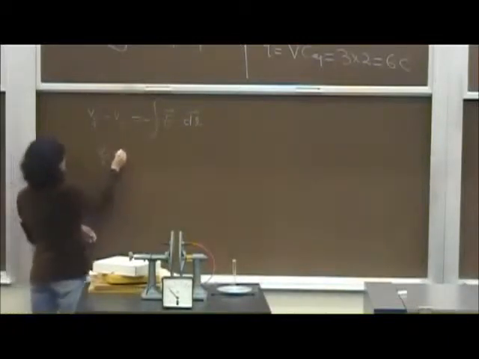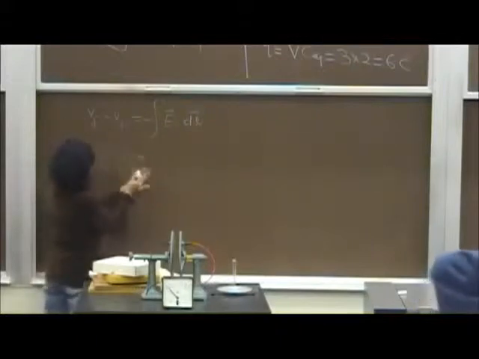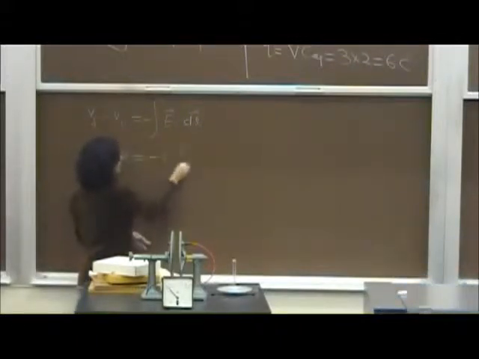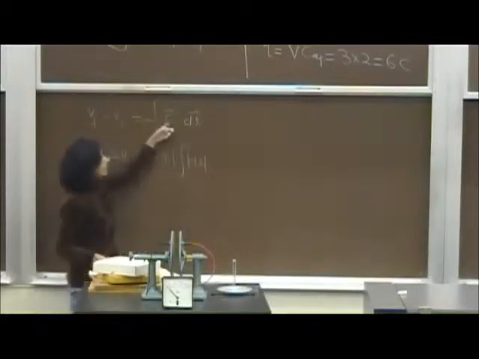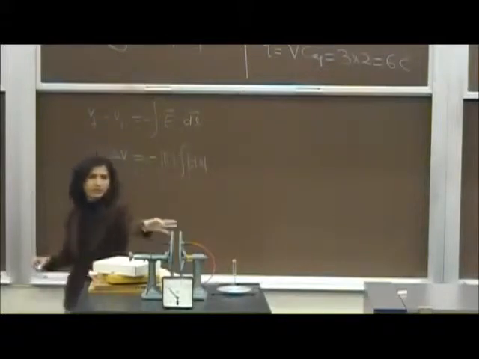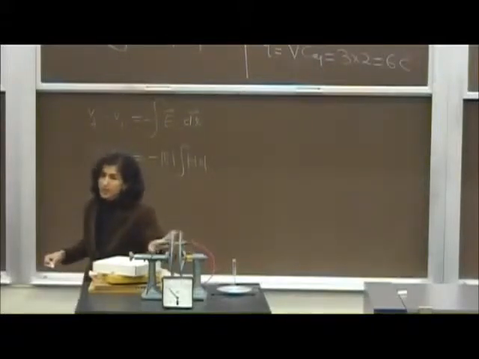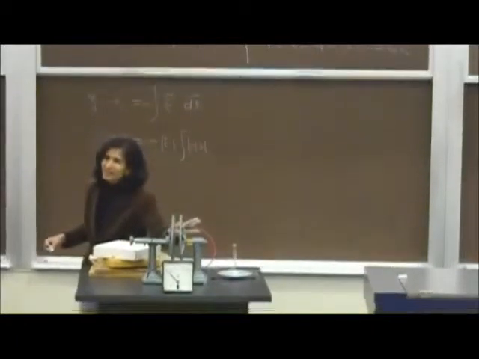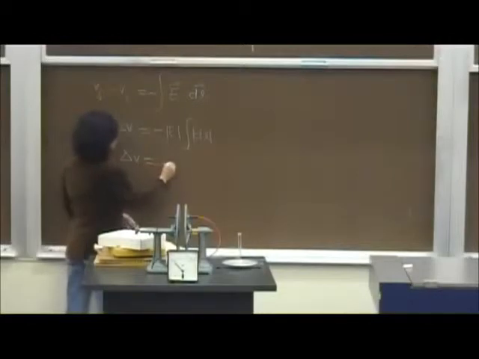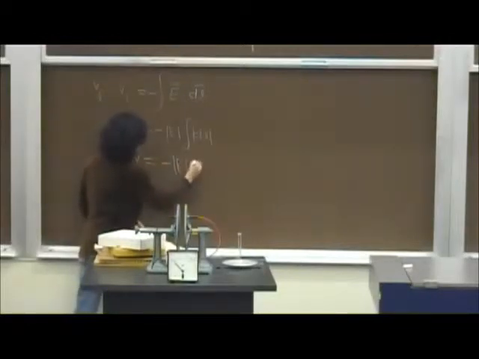So delta V is equal to minus E integral dl. And the angle between the electric field and dl can be taken to be 0, so cosine 0 is 1, right? And integral dl is just the distance between the plates if you're going from one plate to the other. Isn't that true? So here delta V is minus E times d.